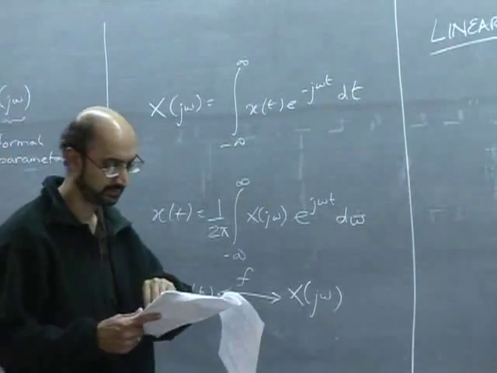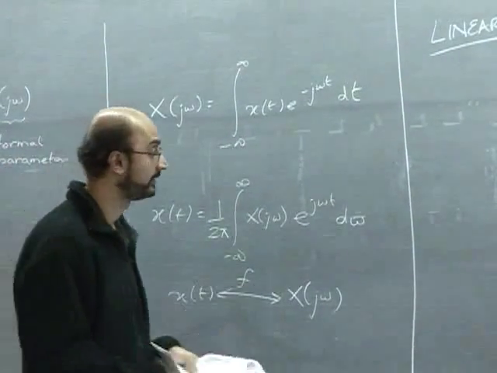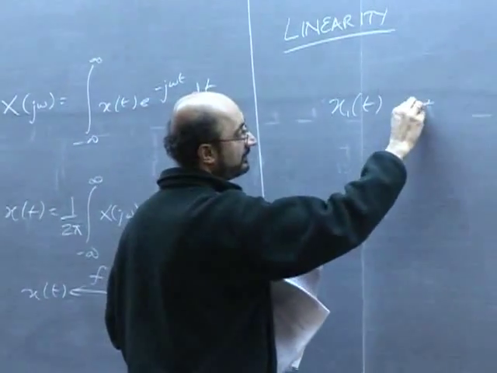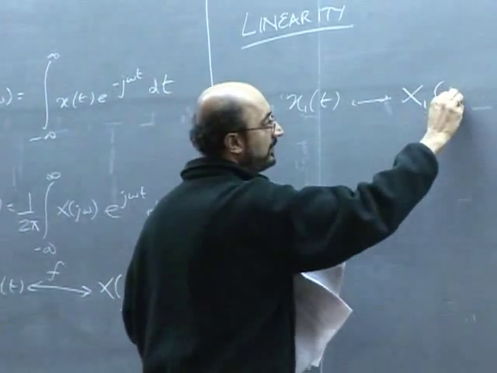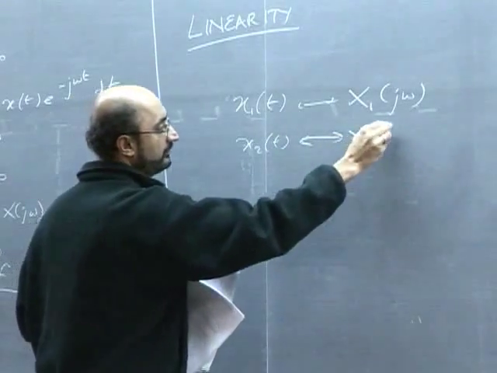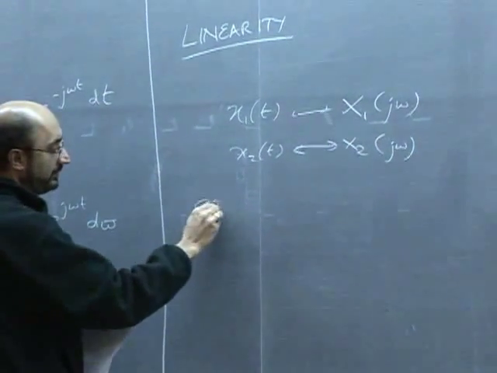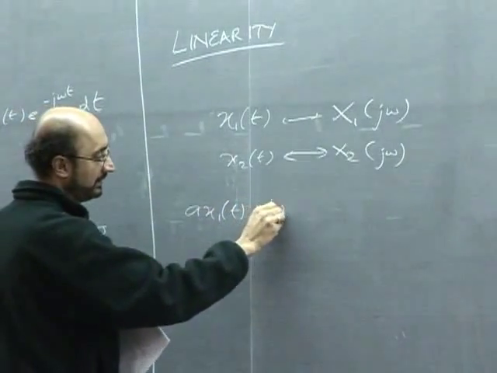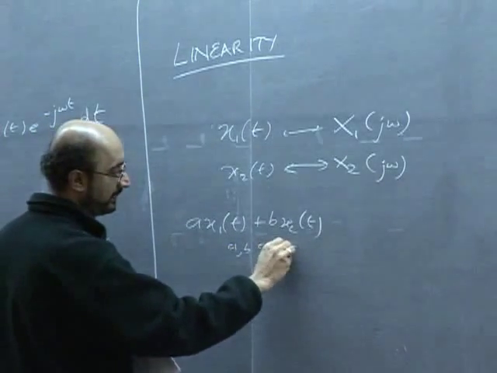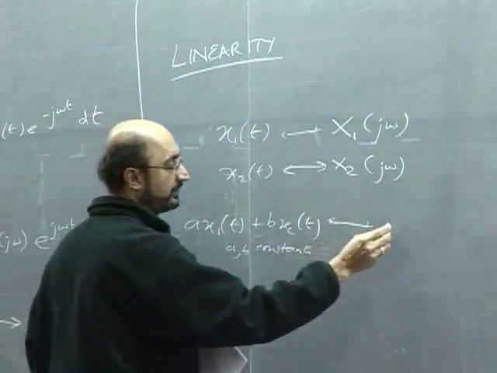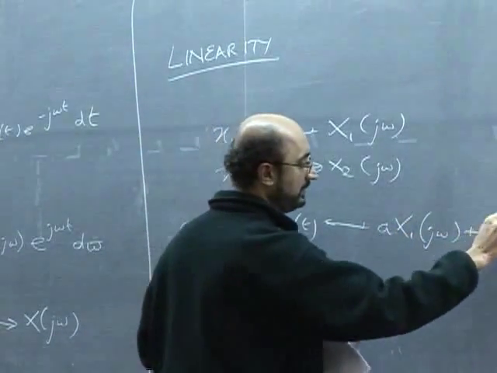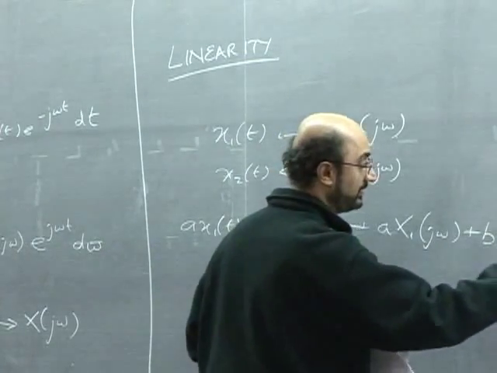So if x1 of t has a transform X1 of j omega, and x2 of t has a transform X2 of j omega, then a x1 of t plus b x2 of t, where a and b are constants, has the transform a X1 of j omega plus b X2 of j omega.